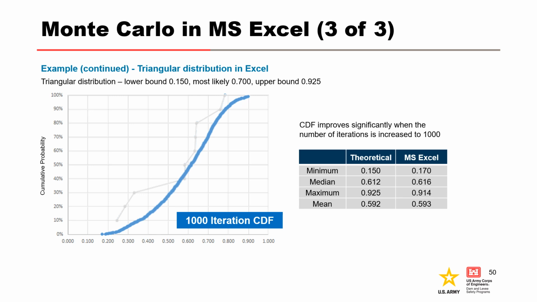If we were to up the number of iterations to 1,000, the CDF looks much better. We get the nice S-curve, and we do a pretty good job of estimating the median and the mean of the distribution. The tails of the distribution would be better represented if we did even more iterations.